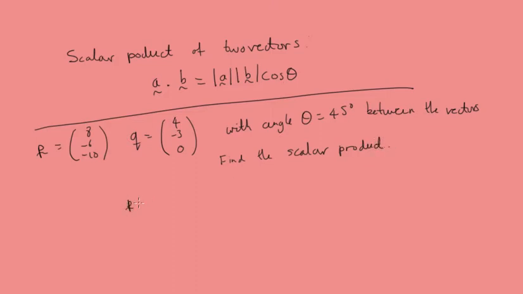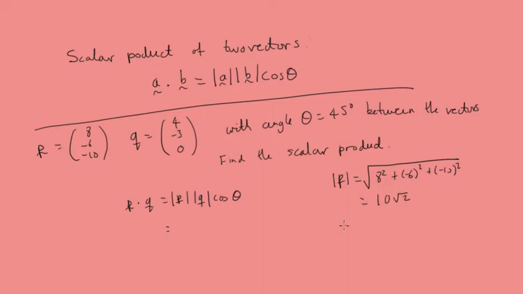So we've got P dot Q is the magnitude of P times the magnitude of Q times cos theta. So firstly we need to find the magnitude of these two vectors. P is going to be 8 squared plus minus 6 squared plus minus 10 squared, square rooted, and that's going to give us 10 root 2.